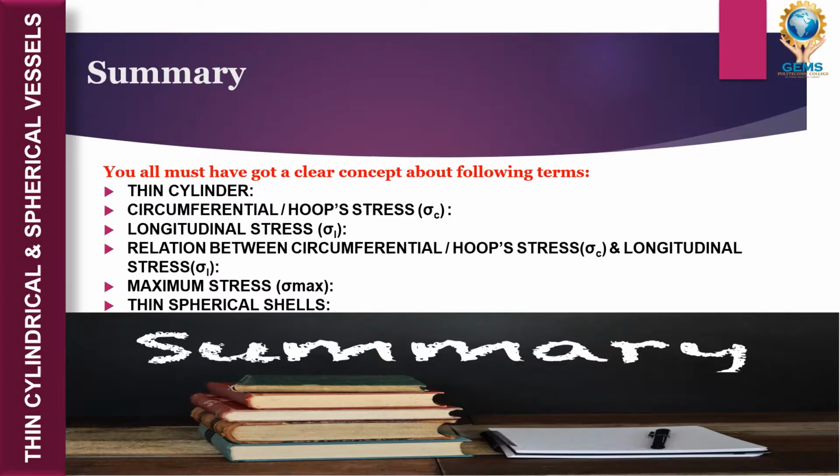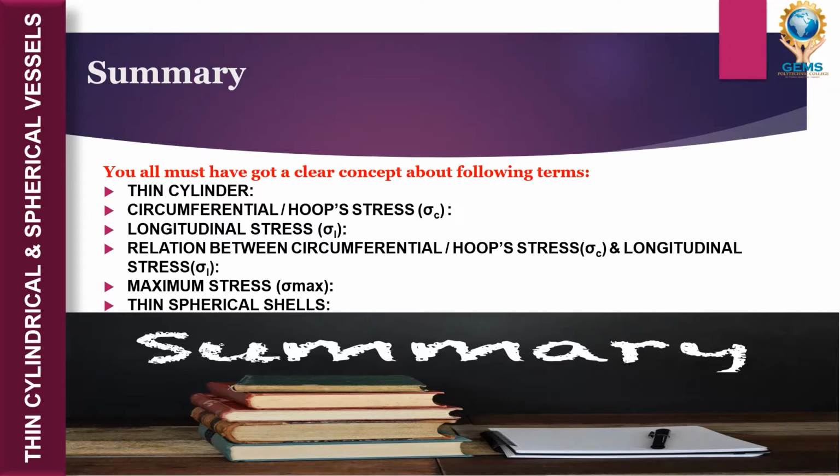Understand? Then what is the circumferential stress or hoop stress? The circumferential stress formula is PD by 2T. Sigma c is equal to PD by 2T. And what is the longitudinal stress? The longitudinal stress formula is PD by 4T.